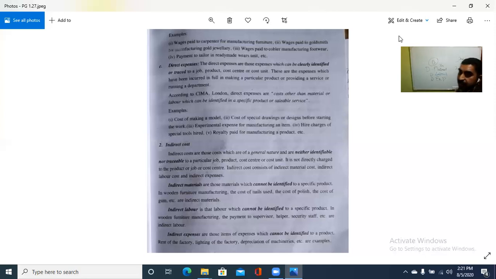While indirect labor cannot be identified to a specific product. In wooden furniture manufacturing, the payment to a supervisor, helper, security staff, etc. are indirect labor.